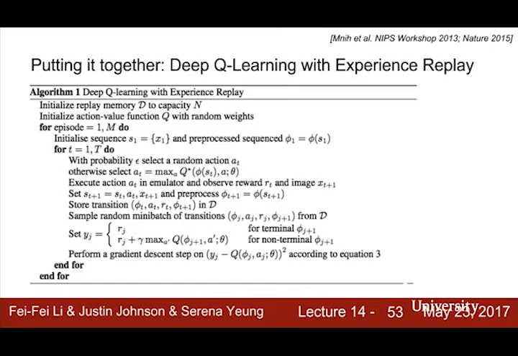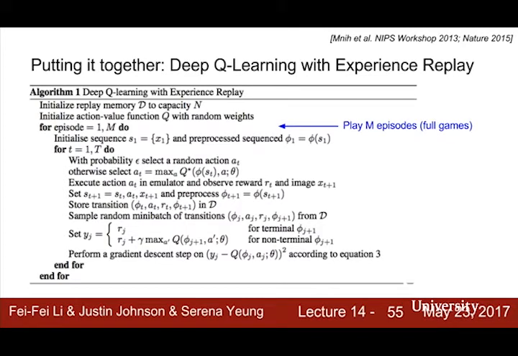Okay, so let's put this all together and look at the full algorithm for deep Q learning with experience replay. We're going to start off by initializing our replay memory to some capacity N that we choose, and we're also going to initialize our Q network with random initial weights.